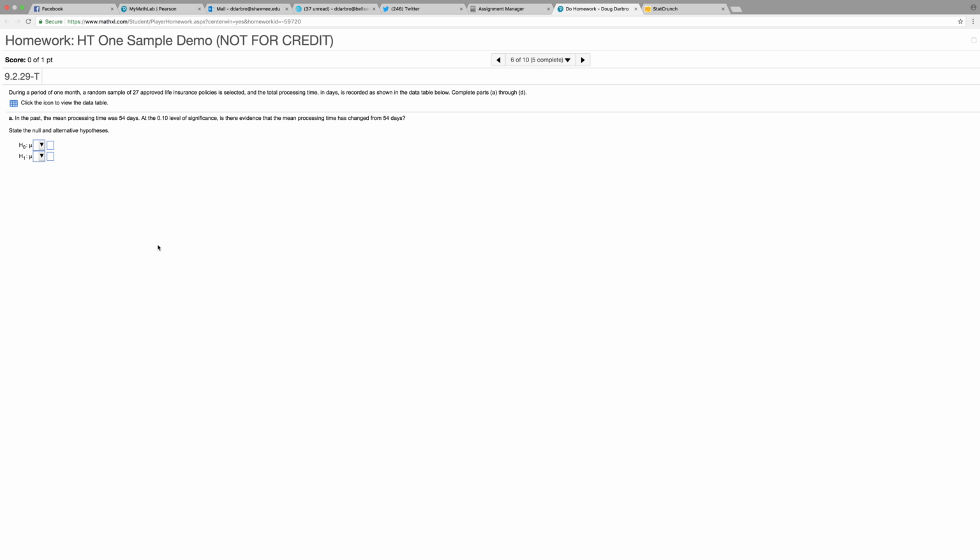During a period of 1 month, a random sample of 27 approved life insurance policies is selected. The total processing time. In the past, the mean processing time was 54, and the question is whether it has changed. So guys, we should know that the null is 54, and the alternative is not equal to 54.